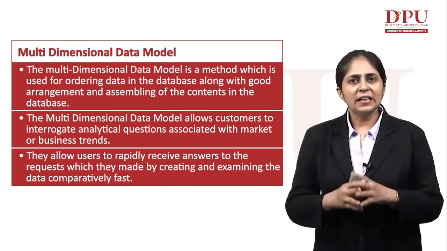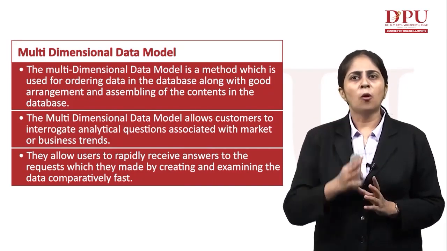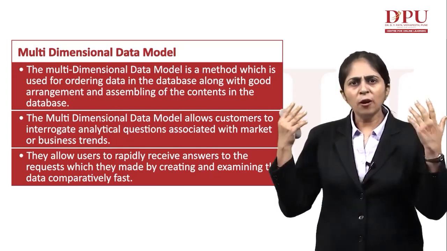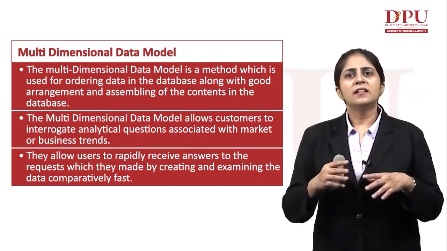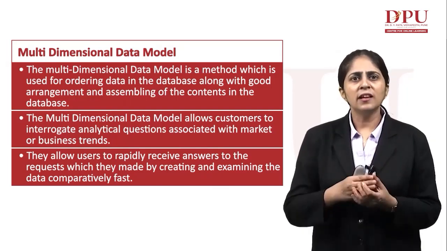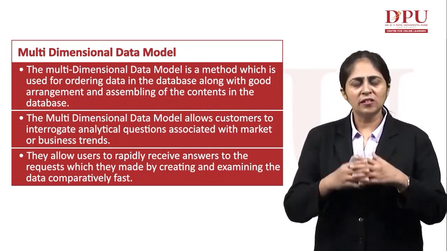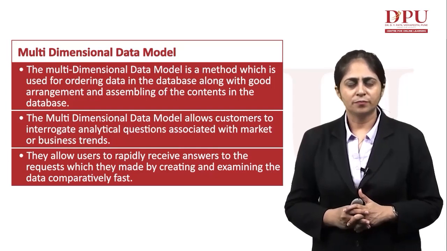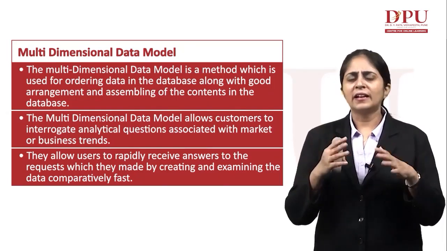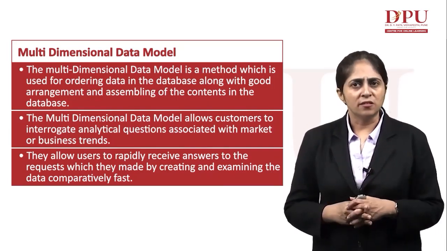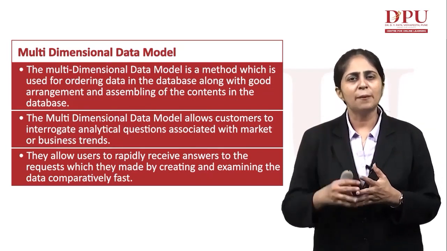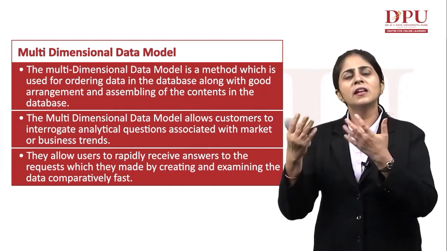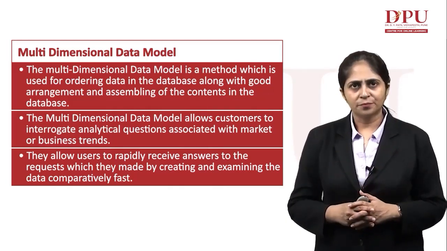So data cubes allow us to model and view the data from many dimensions and many perspectives. It is defined by dimensions and facts, and it is represented by a fact table. Facts are numerical measures, and fact tables contain the measures of the related dimensional tables or the names of the facts.